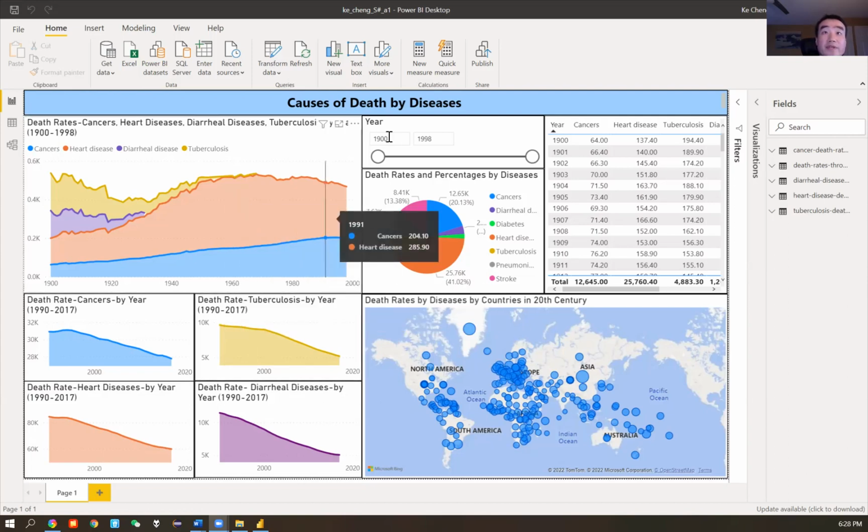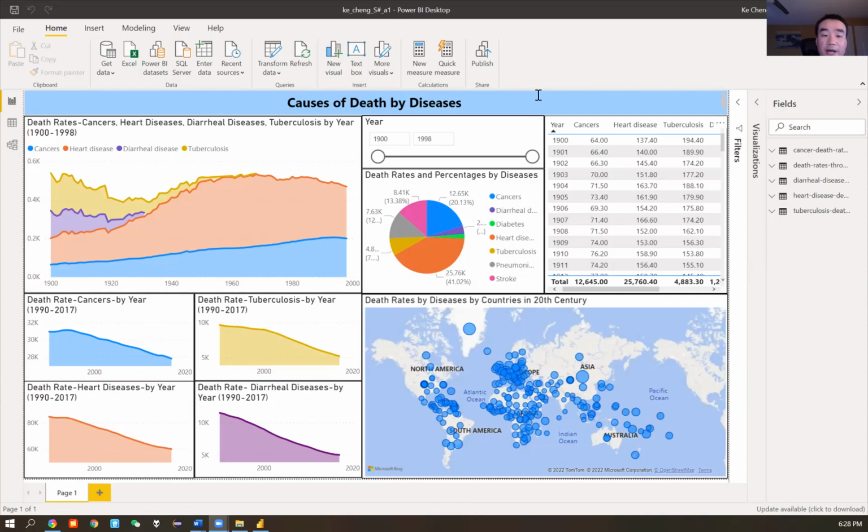Firstly, I decided on this topic, causes of death by disease, and searched this topic in Google. I wanted to find some articles, papers, and datasets about it. But I just found few papers and no proper datasets.